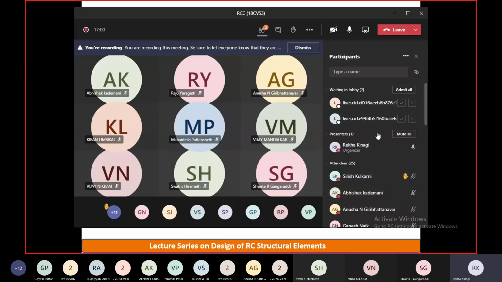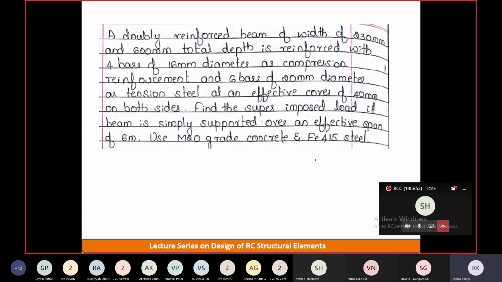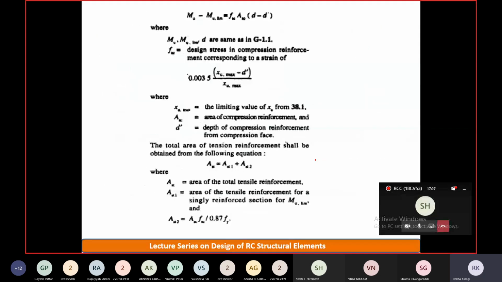Now let me check how to calculate this FSC and ASC. What is this FSC? It is the stress in the compression steel. This stress in compression steel corresponds to a strain, and the value is given in the code book. Let me show you here.